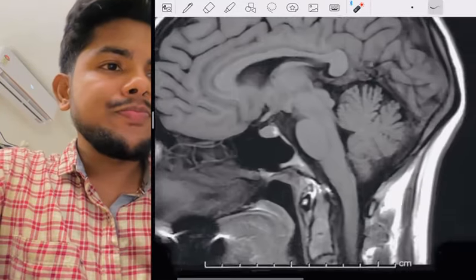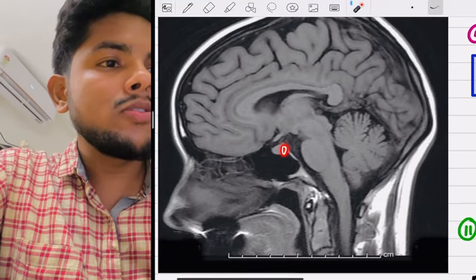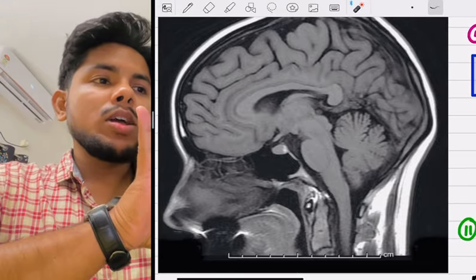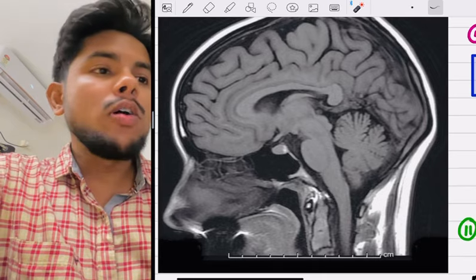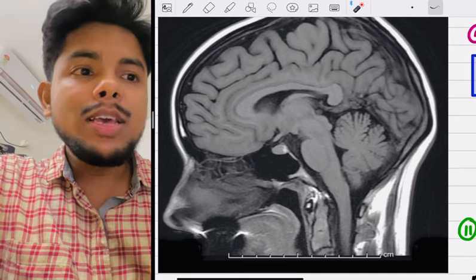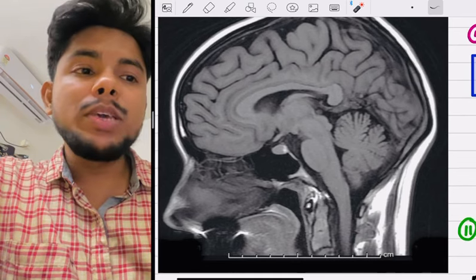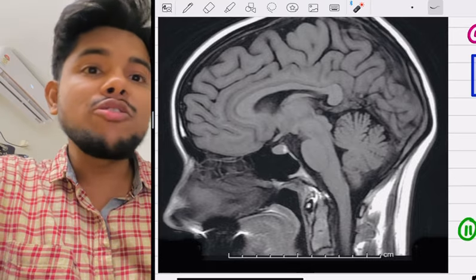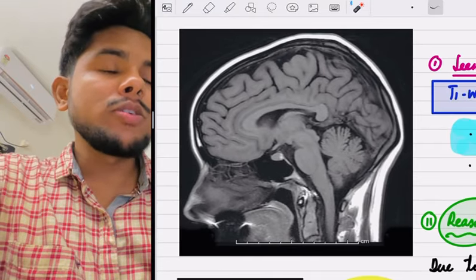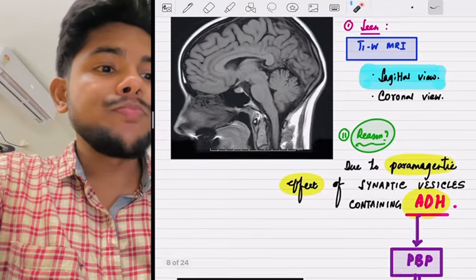This pituitary bright spot, or PBP, is typically absent in central diabetes insipidus, right? So this is another very important topic I thought I should cover.